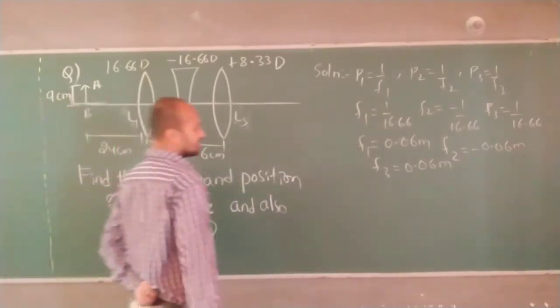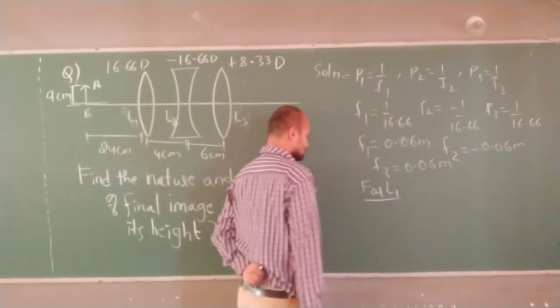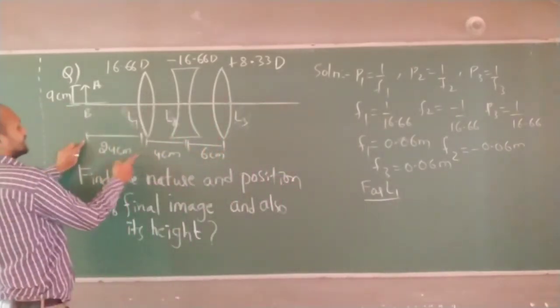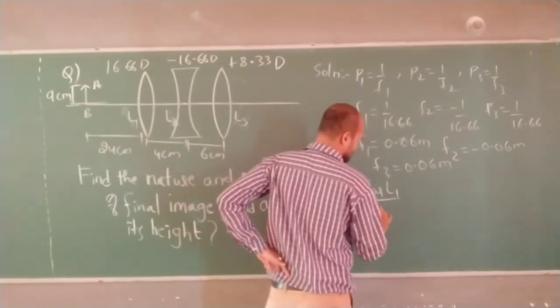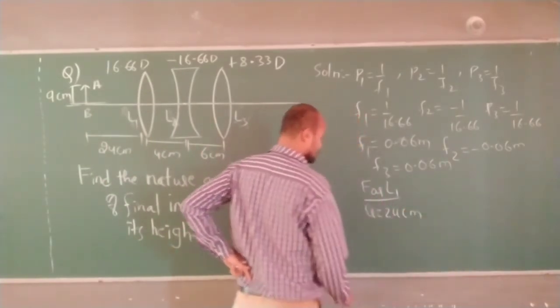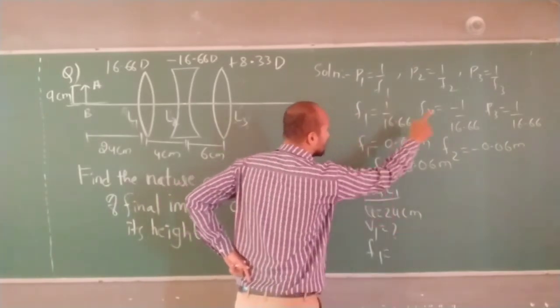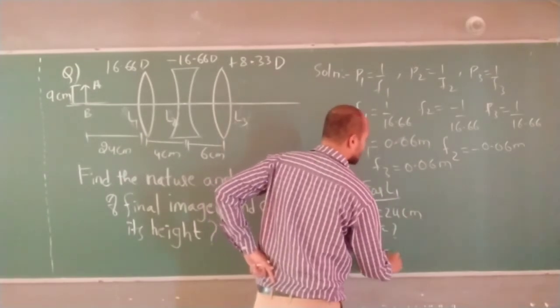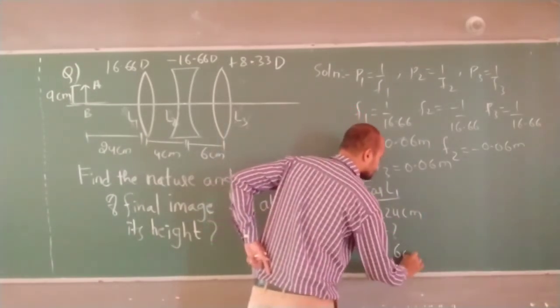Now find out for the first lens, L1. The object distance is 24 centimeter. The image distance we need to find. f1 is 0.06 meter, which is nothing but 6 centimeters.